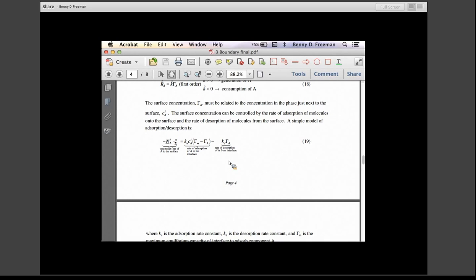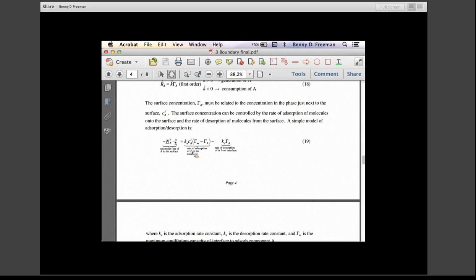The rate of adsorption we write using this mass action kinetics point of view in terms of an adsorption rate constant. That's a rate constant for A to come from the phase next to the surface and sit down on the surface, times the concentration of A in the phase next to the surface, right?